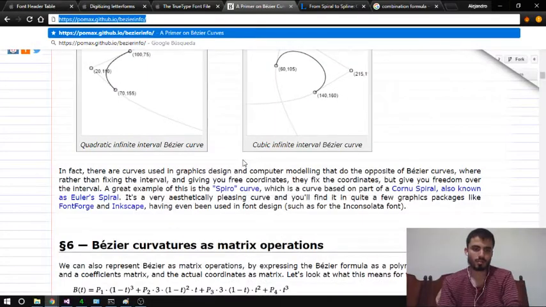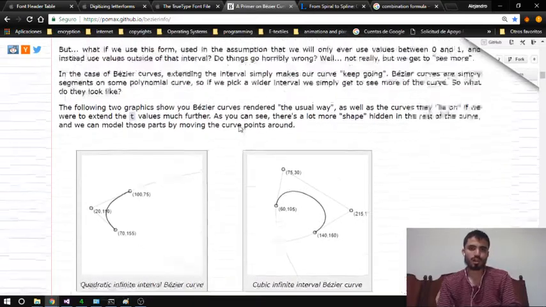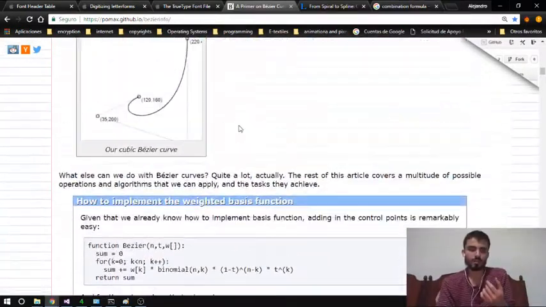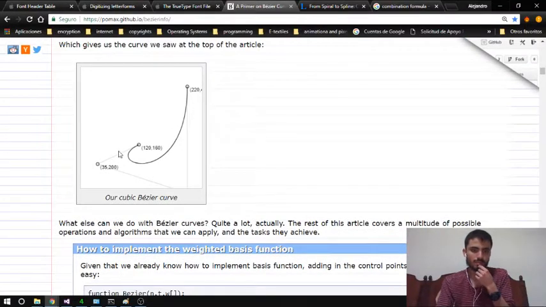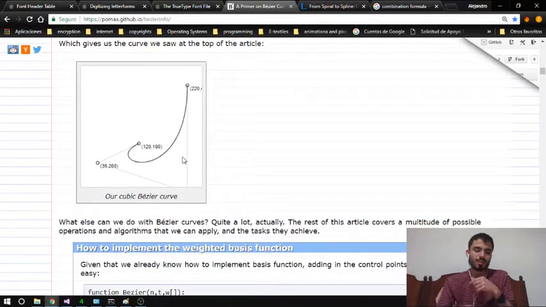So, if we added a weight of 0, what will happen? If all the points were at 0, 0, there would not be any bezier, right? And that makes sense.